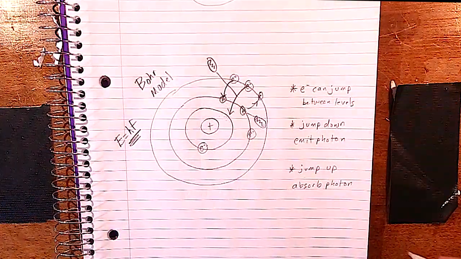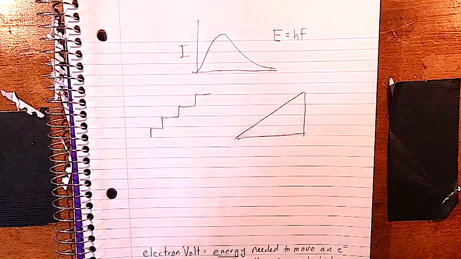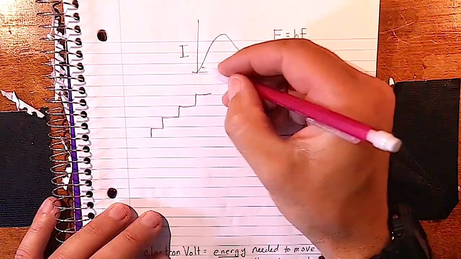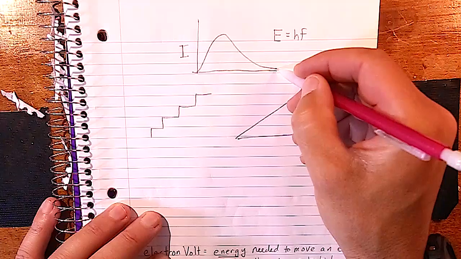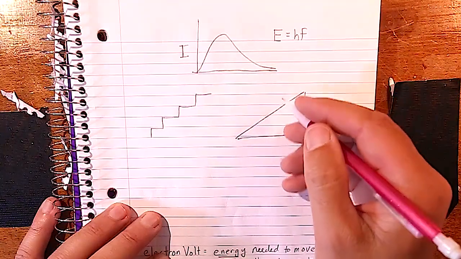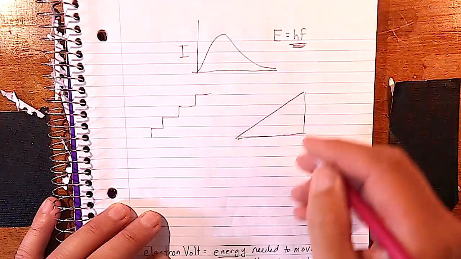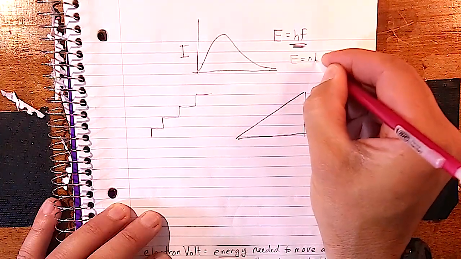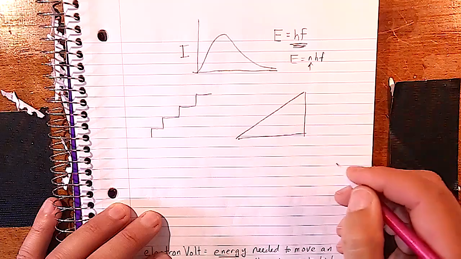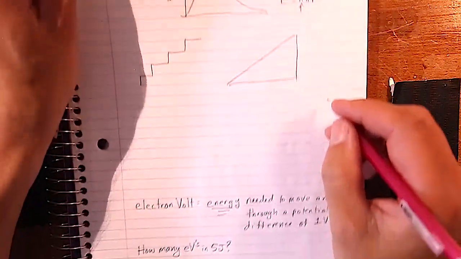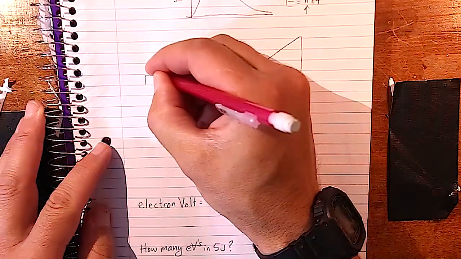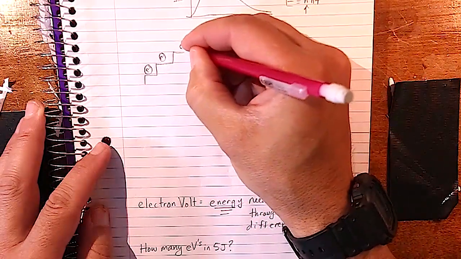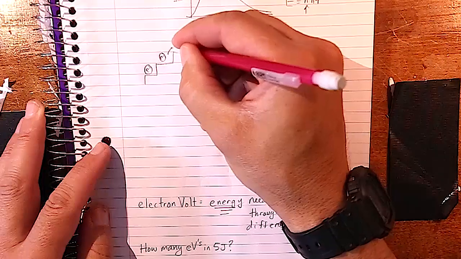To understand Bohr, we need to understand Max Planck. Remember that Max Planck ended up getting this formula for the curve for blackbody radiation, but it was based off of this idea of E equals hf, and if you remember, we said nhf with specific whole numbers. So electrons can only exist at certain energy levels. They cannot exist halfway in between.